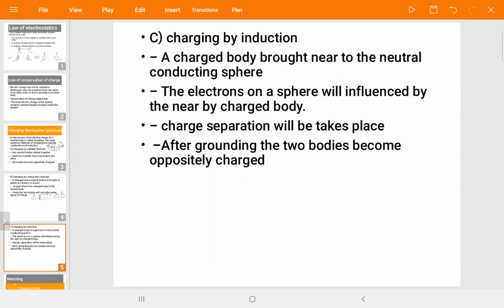For example, this method helps us to charge a sphere. Assume we have a spherical conductor. This is a conductor, and this conductor needs to be put on an insulator. This is insulating material.